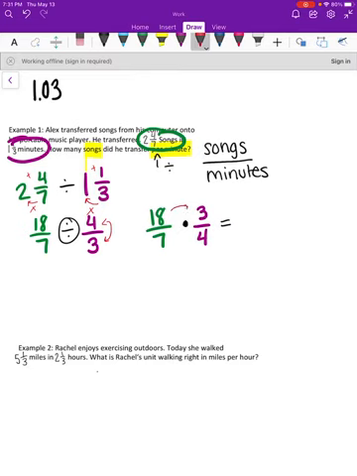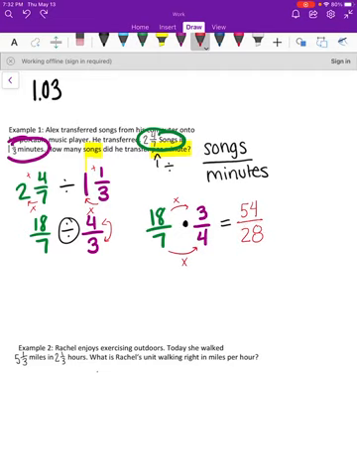So 18 times 3 is 54. Divided by 7 times 4, which is 28. We need to convert that back into a mixed number. So there's at least one 28 in 54.